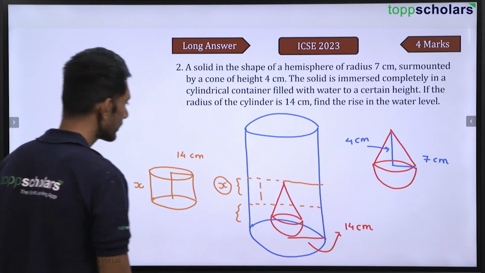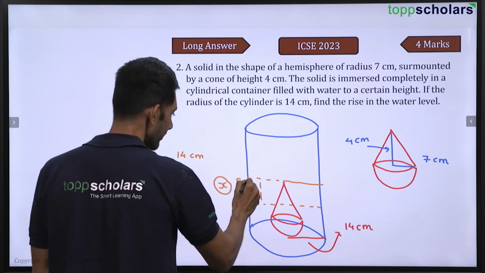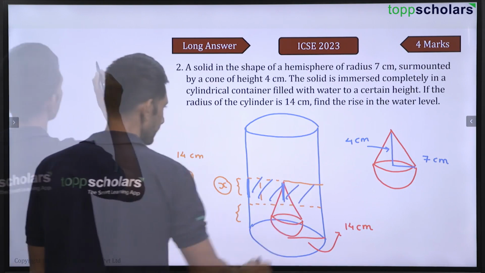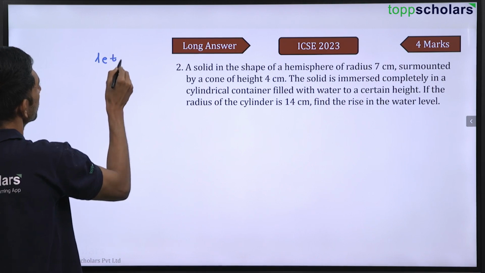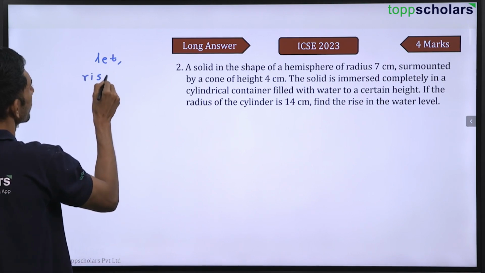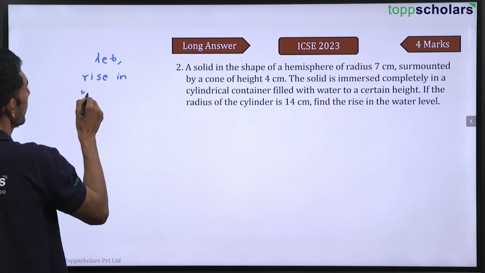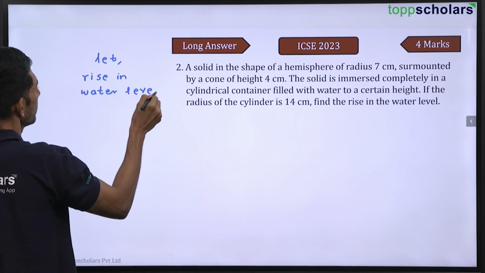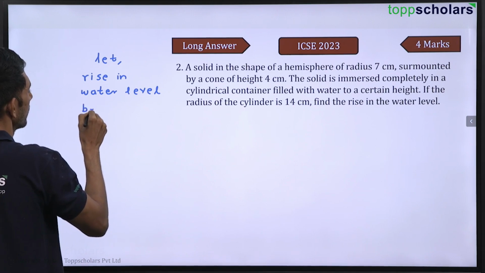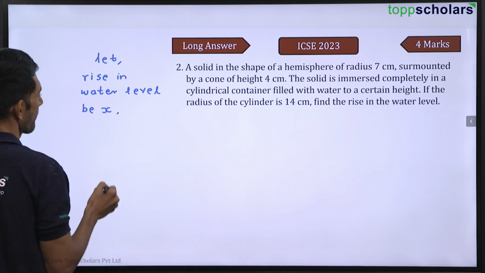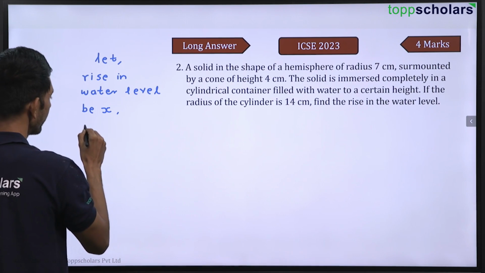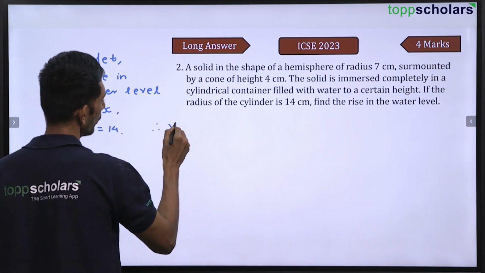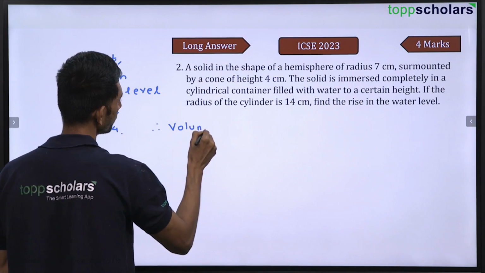Now after this, we don't know the rise in the water level, right? So can I say the rise in water level is x, and the radius of the cylinder is 14. Therefore, what will be the volume?